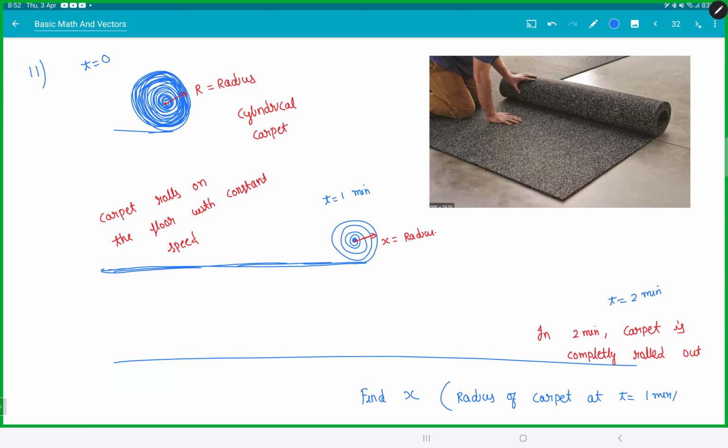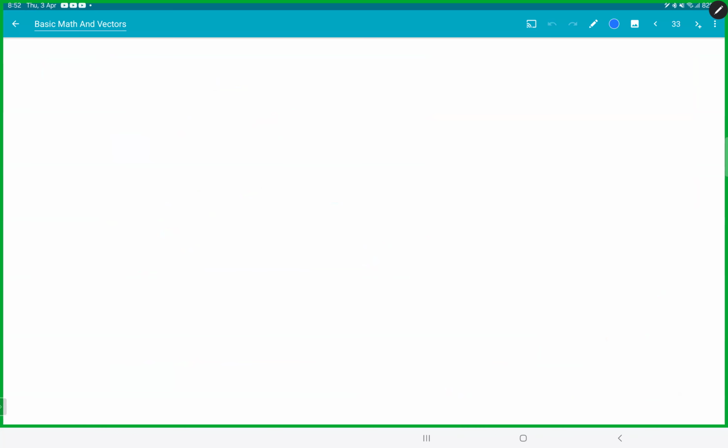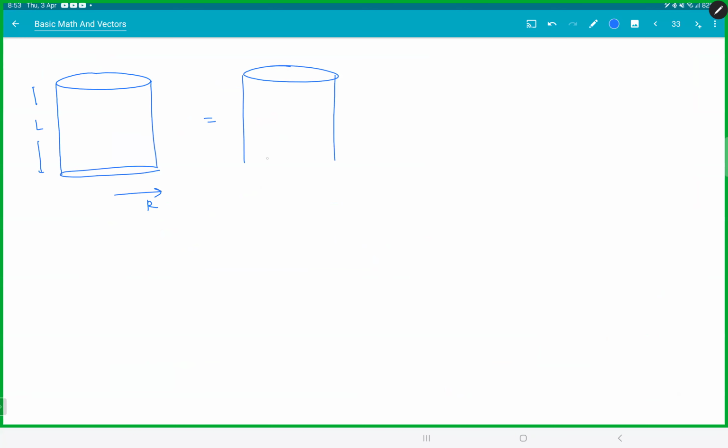Tell me one thing. When you're rolling the carpet, what remains constant? The length of the carpet, yes, sir, right? So I can also say the volume of the carpet is also constant then. Do you agree? If you think about it, the rolled carpet is actually kind of a cylinder. So we have radius R, and let's say this length is L. You can treat this carpet like a cylinder.